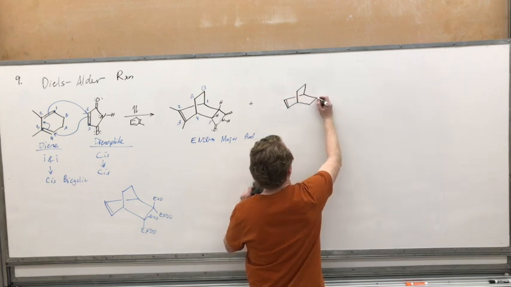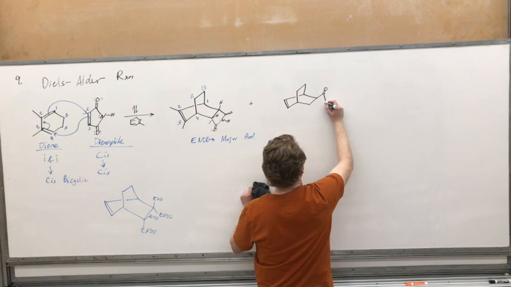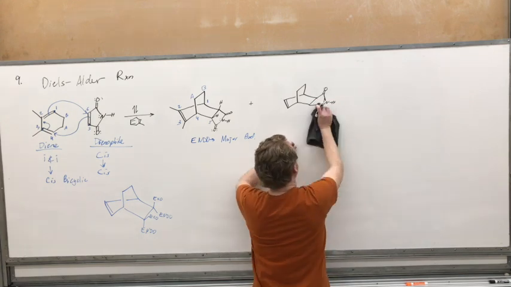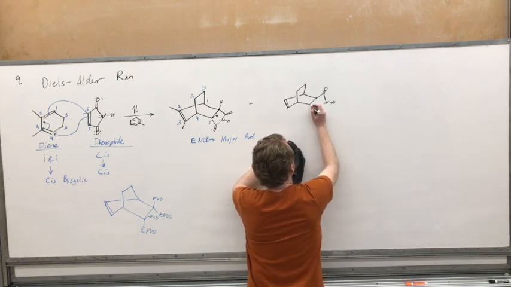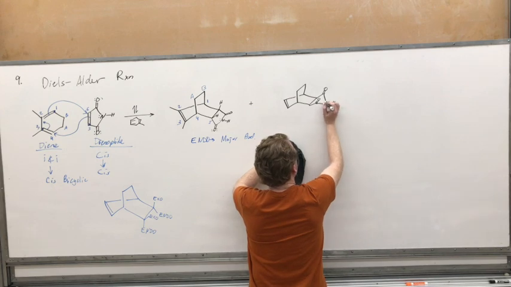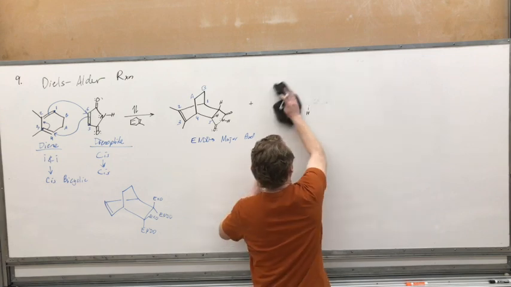Here we go. Bam. Now this one's a little weirder to draw, but we'll just do our best. Maybe I'll go something like that, and then I'm going to draw in this H down. And man, I made it too small.